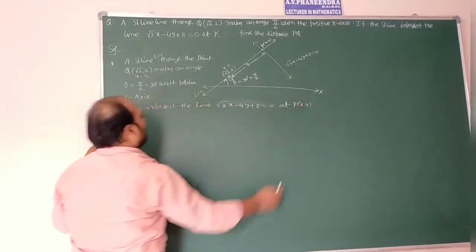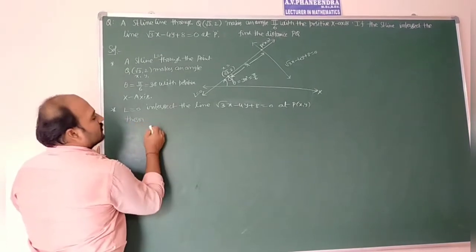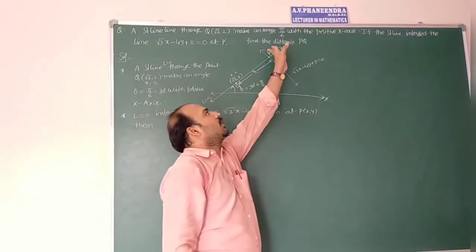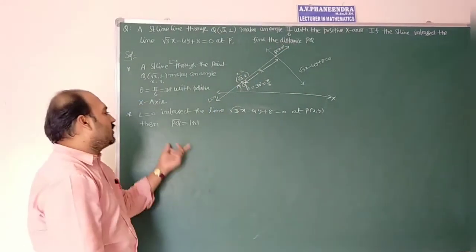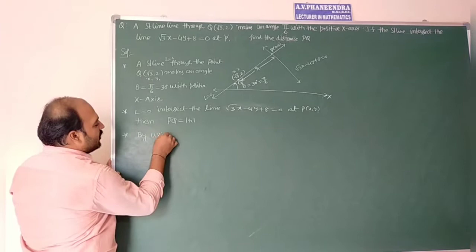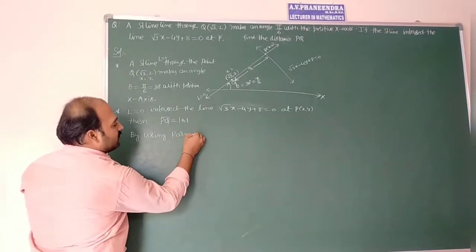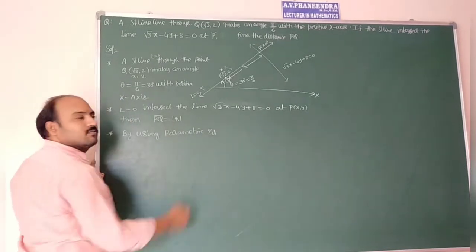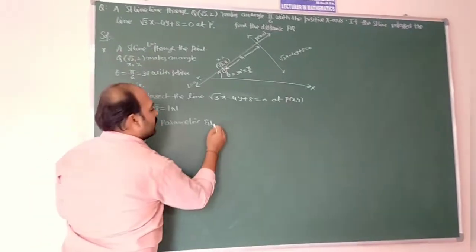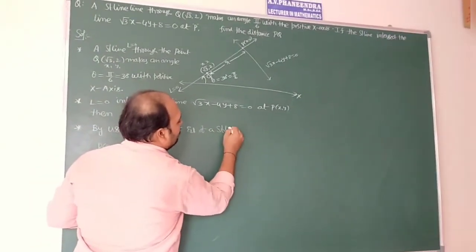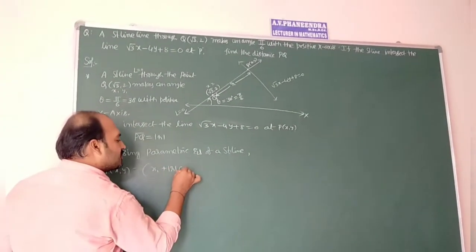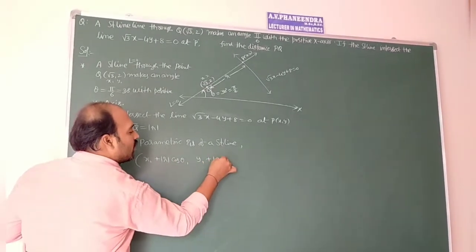So at P of x comma y, PQ is equal to mod r, I am taking here. Whether the point P is here or here, we don't know. That is the reason mod r you can take. By using parametric equations, P of x comma y of a straight line is x1 plus mod r cos theta, y1 plus mod r sin theta.